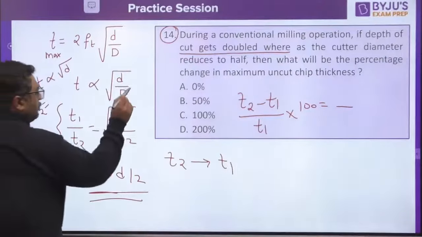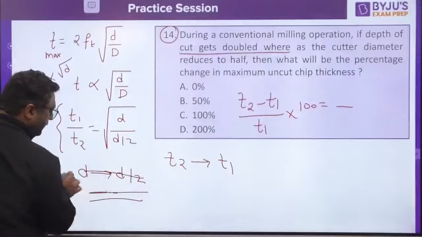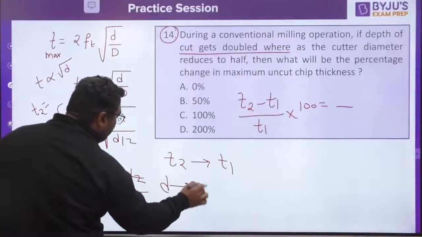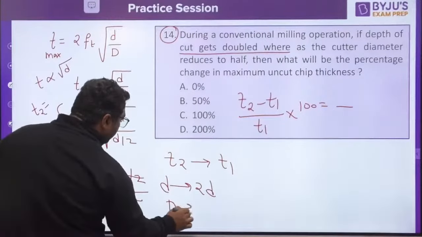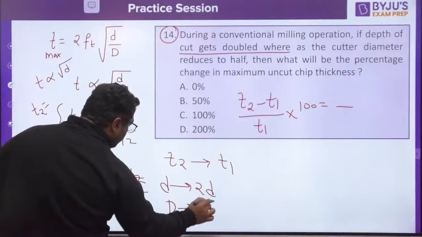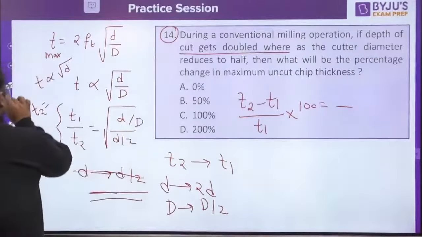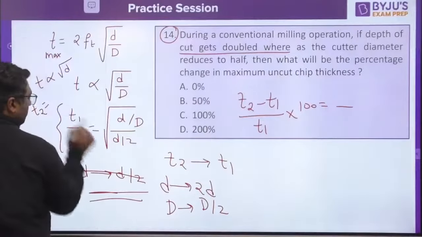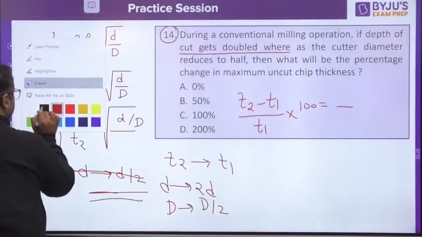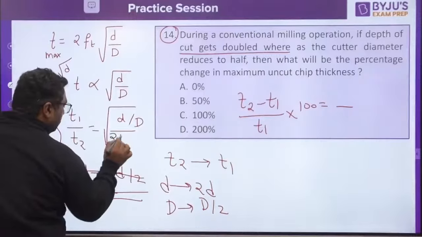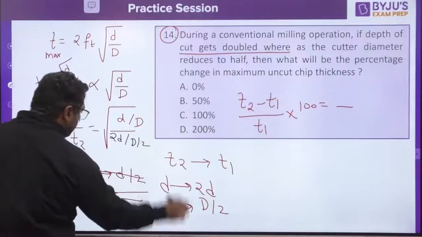Okay. Sorry. Actually, small d is going 2 times. Capital D is going 1 by 2. Then both of them you need to write: d by capital D is 2d by D by 2.